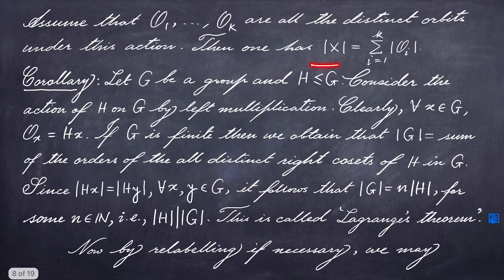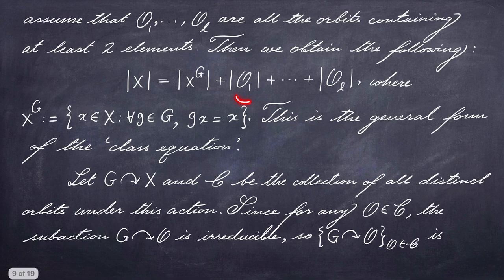So we are just breaking the right hand side into the non-trivial and trivial part. The trivial orbits correspond precisely to the points which are fixed. So this is the fixed set of this action.